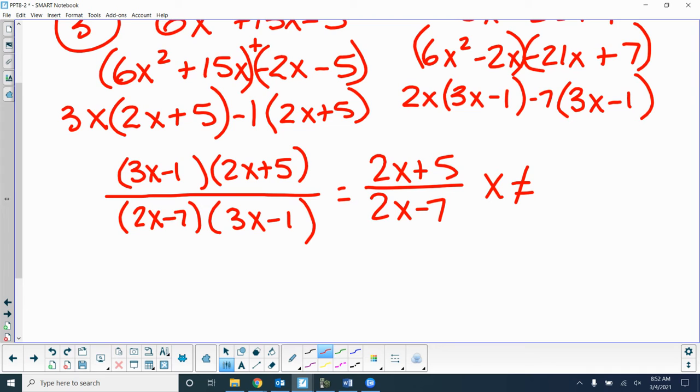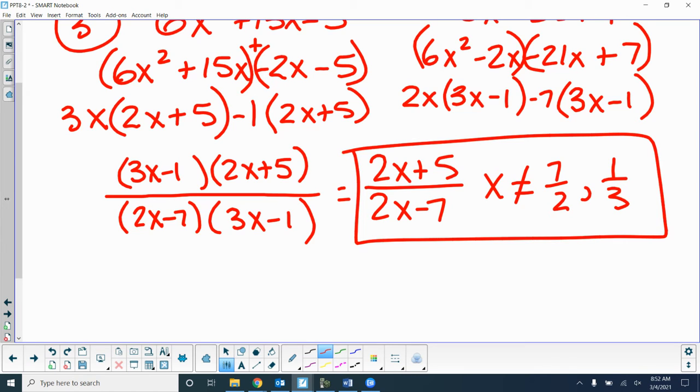You just take the opposite of that divided by that. What's the opposite of that? 1 divided by that. So that's our answer. Because those went away.